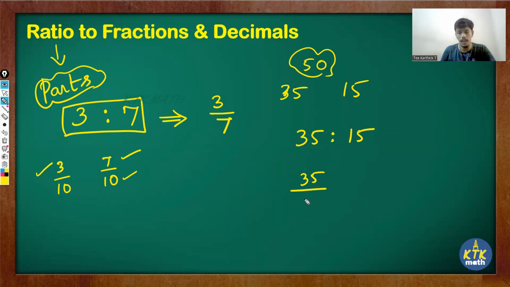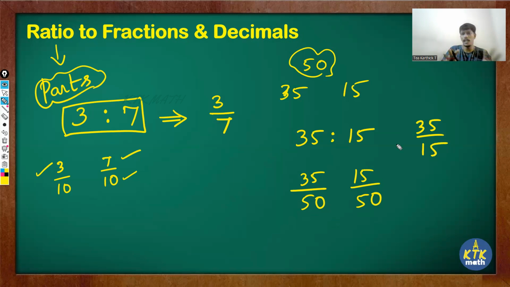So the fraction of boys is going to be 35/50, sorry, total 35/50, and the fraction of girls is going to be 15/50. I hope you understand this comparison, right? Those who are not aware of ratio, I hope this intro is enough for you. Just convert them in terms of fractions directly, 35/50. Is it clear now?